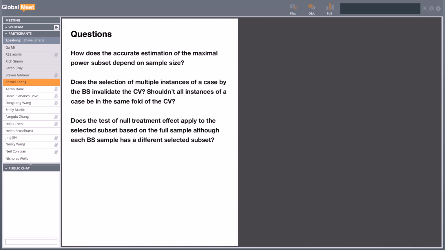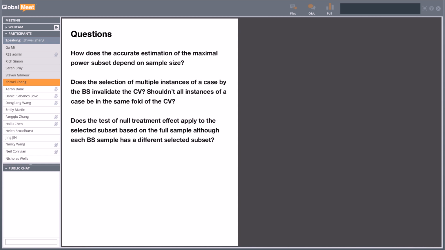Now, it's also true that when we do bootstrap, for each bootstrap sample we could generally get a different subset. And again, in my mind, the reason we are doing bootstrap is to approximate the standard error of my point estimate, and this subset is just an intermediate step in obtaining that point estimate.